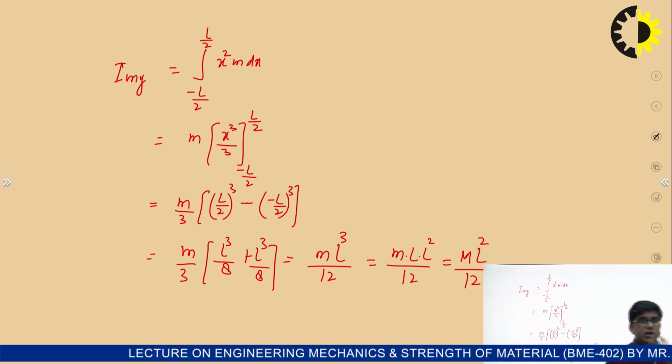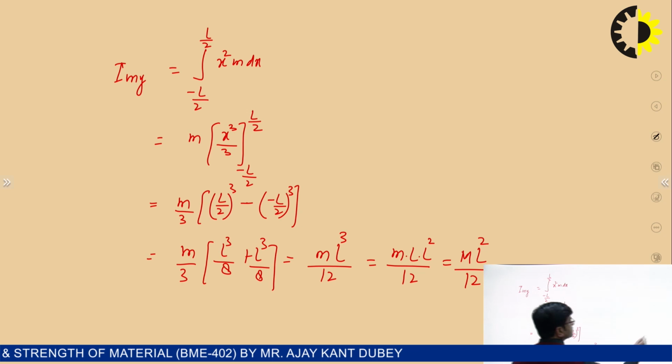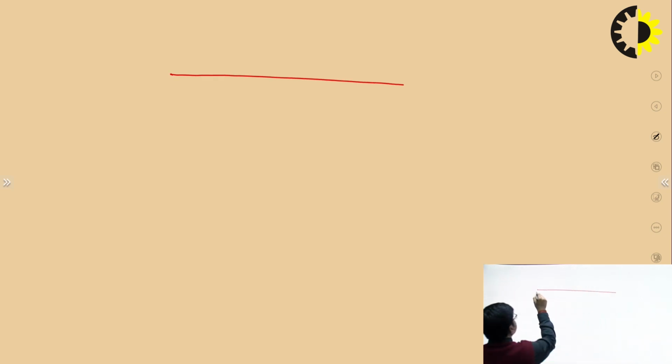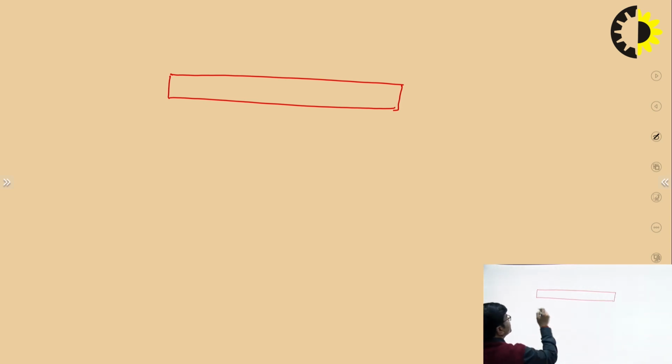If I want to calculate the moment of inertia at the end of the rod, then how will I find it? See, this is the rod of length L and mass per unit length is small m, and about this axis I want to calculate the moment of inertia.